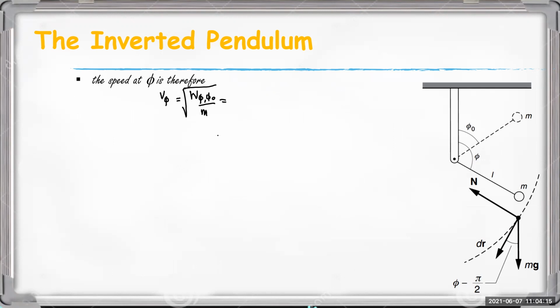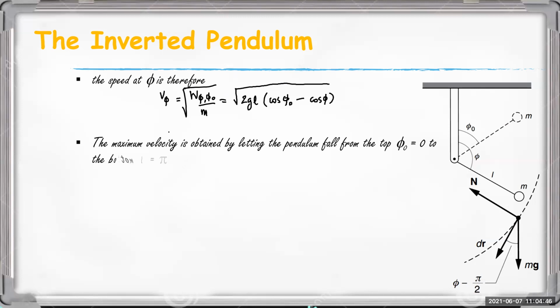Cancelling the value of m and taking the root, the value is root of 2gL into cos phi 0 minus cos phi. This is the expression for speed. Then what will be the maximum velocity obtained?